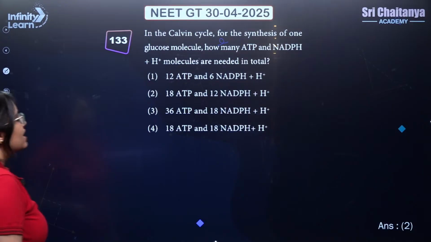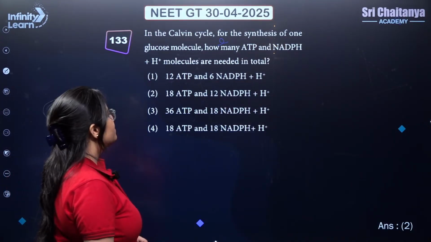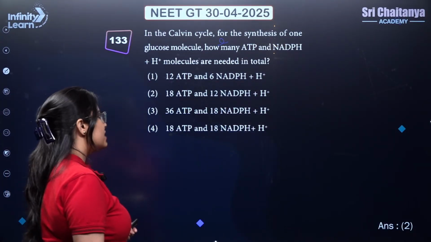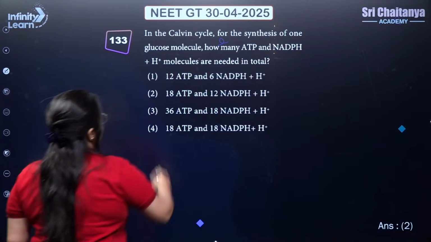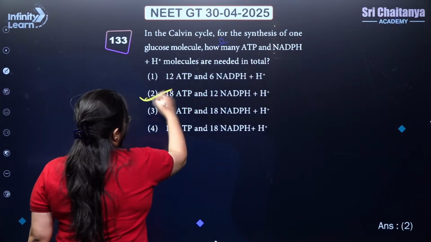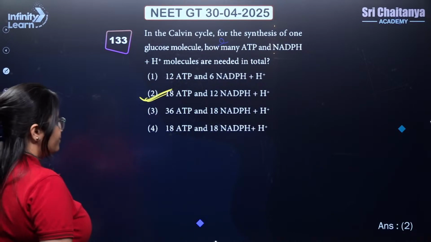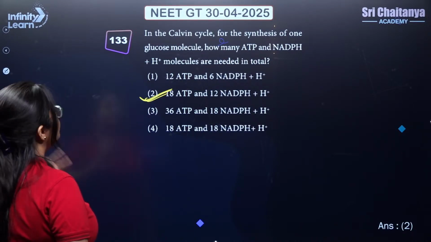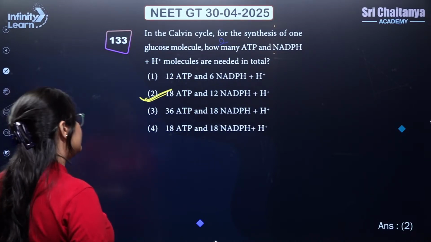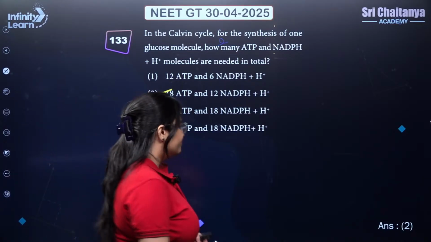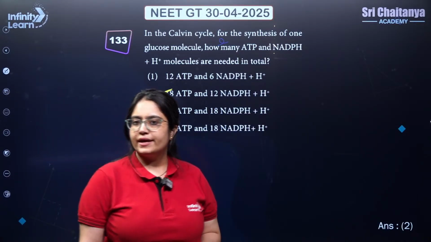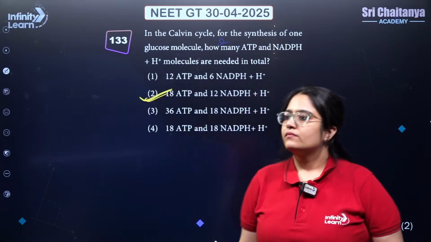So obviously the answer is going to be 18 ATP and 12 NADPH + H+. So your answer is 2, my dear students, 2. 18 ATP and 12 NADPH + H+. Answer is 2. Clear? Yes, everyone. Next.